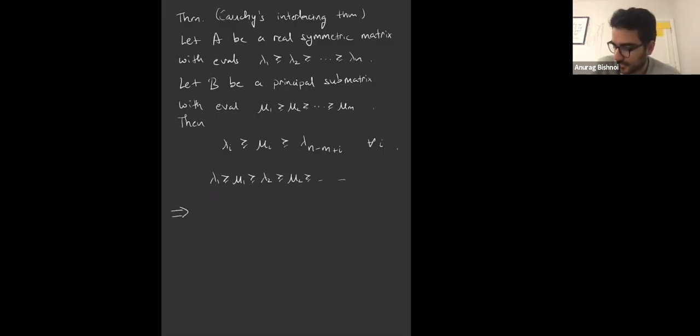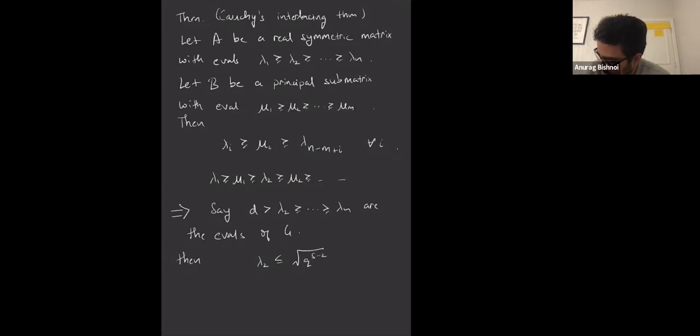So this implies that, say, d strictly greater than lambda 2 greater than or equal to and so on to lambda n are the eigenvalues of our graph G, then lambda 2 is less than or equal to the second eigenvalue here, which is the square root of q to the s minus 2, and minus lambda n is also less than or equal to the square root of q to the s minus 2.